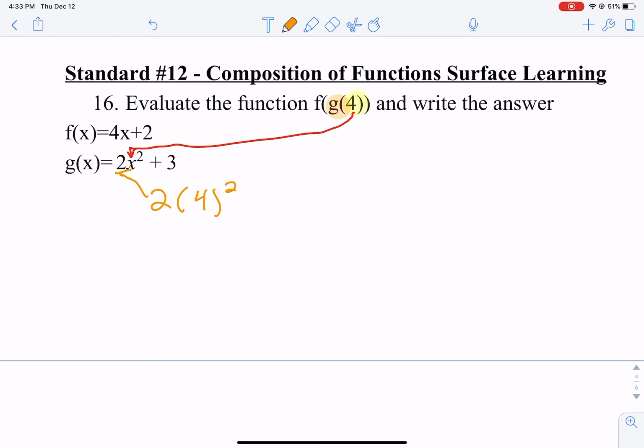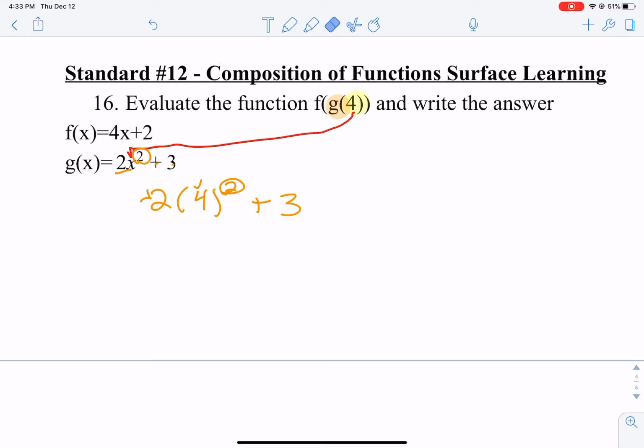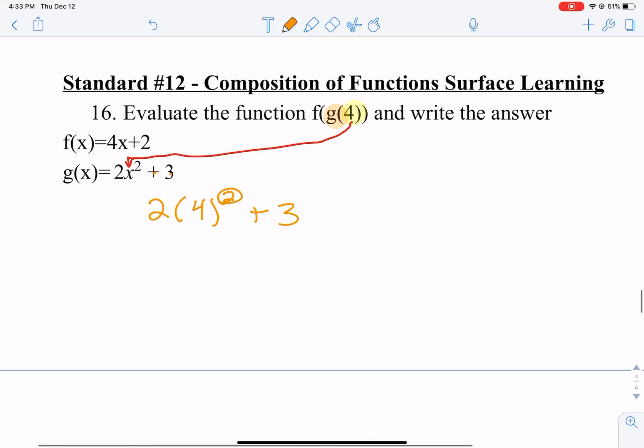So 2 is right here. X becomes 4, and it's squared, so there's the square, plus 3. So all I'm doing is copying down what they had, okay? But I'm replacing the x with 4. That's it. Now I got to figure out what that is. So 4 squared is 16.